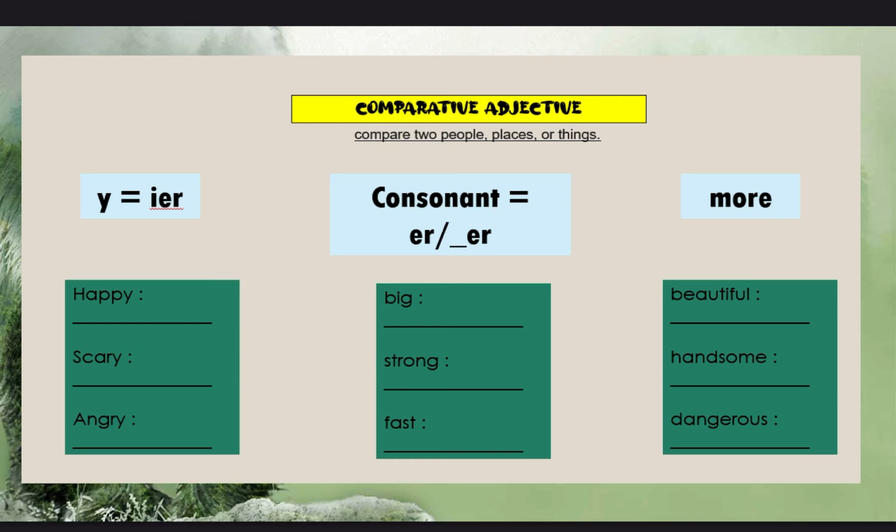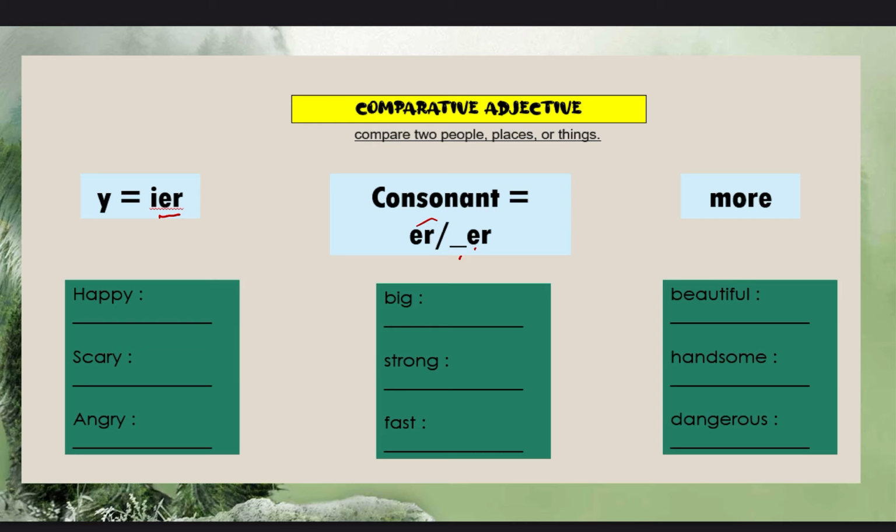Number one is words ending with Y, but you need to change it with IER. Number two, consonant at the back of the words, but you need to add ER, or the same consonant and also ER.